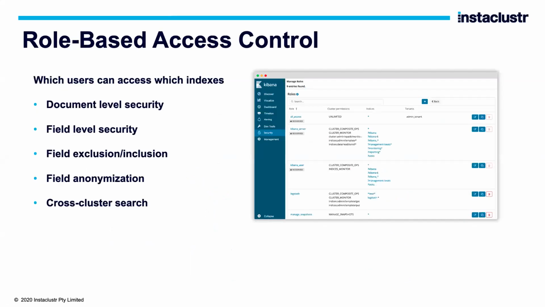Role-based access control, as I said, is a granular level of control that enables you to control the actions you can perform on your Elasticsearch cluster. What I mean by that is you can specify which users can access which indexes.